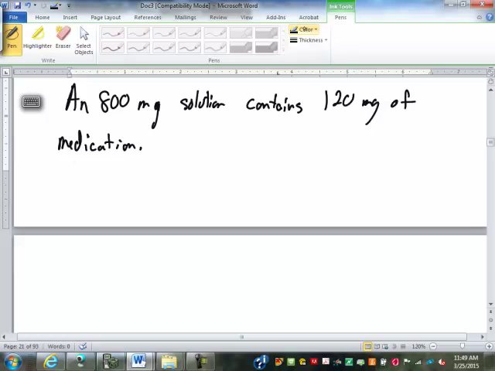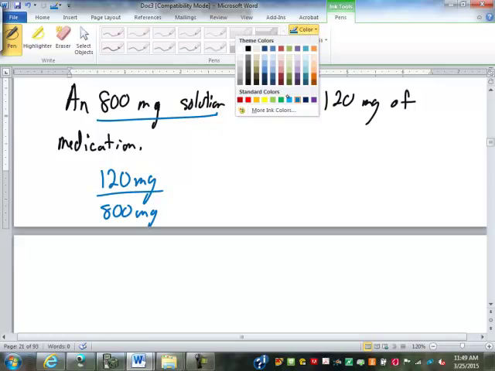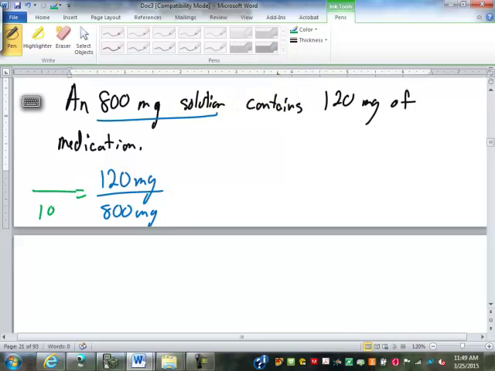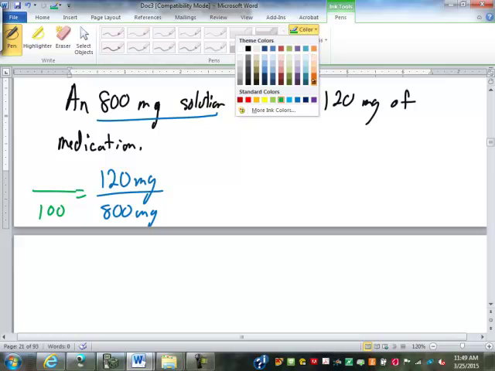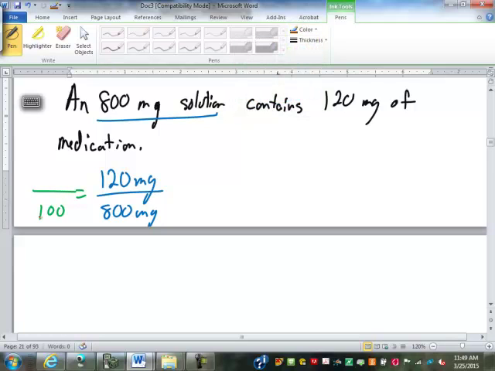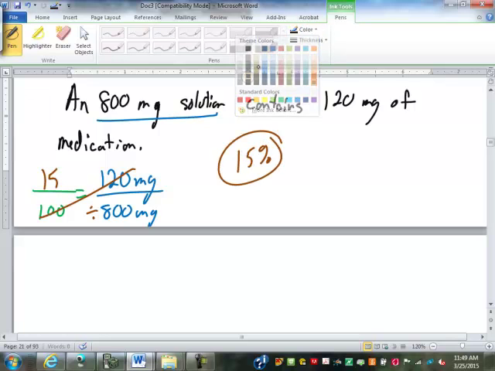To find the concentration of this one, we are looking at 120 milligrams of medication. Now the 800 milligrams is the total solution. So it's just going to be that equals blank over 100. So you cross multiply and divide. 100 times 120 divided by 800 is 15. So that is a 15% concentration.